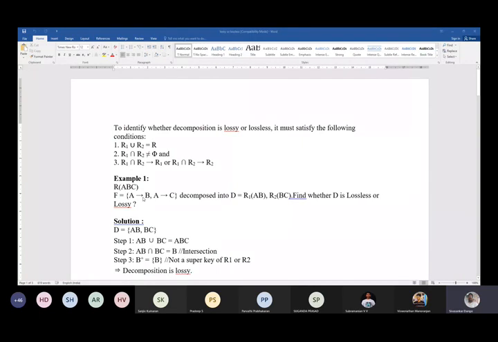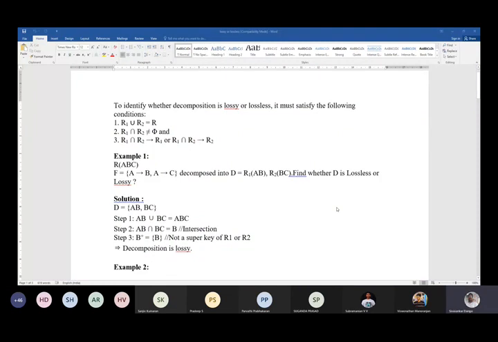The valid functional dependencies that exist in the relation are A determines B, A determines C. Now you need to check whether the decomposition is a lossy decomposition or lossless decomposition, right?